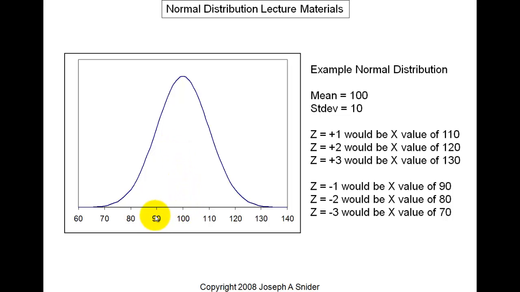If your standard deviation was 10, each standard deviation is going to go to the left by 10 or to the right by 10. So you'll have 90, 80, 70, 110, 120, 130. These correspond to z-scores, pluses and minuses of 1, 2, or 3 standard deviations away from the mean of 100.